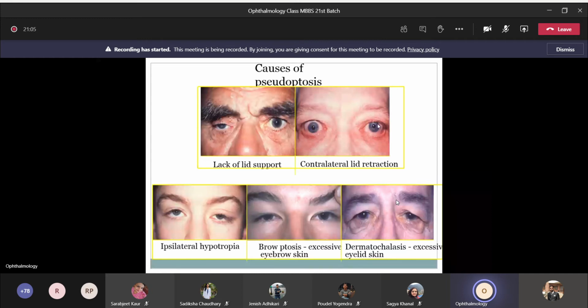And ipsilateral hypotropia. If there is a hypotropia, then it looks like ptosis. And this is brow ptosis, where there is excessive eyebrow skin. And dermatochalasis. In case of aging, due to excessive laxity, there will be drooping of the lid, which is pseudoptosis. So we have to first rule out pseudoptosis.